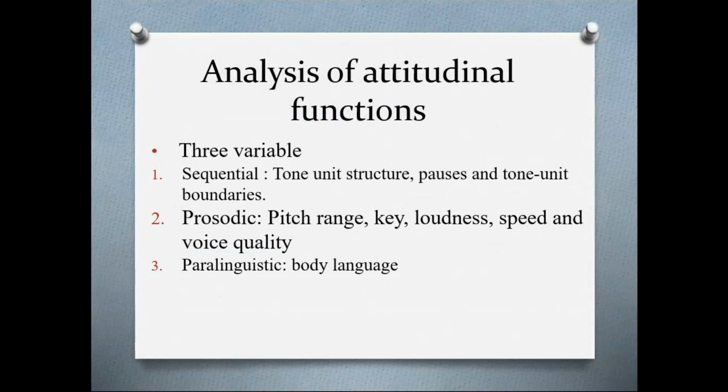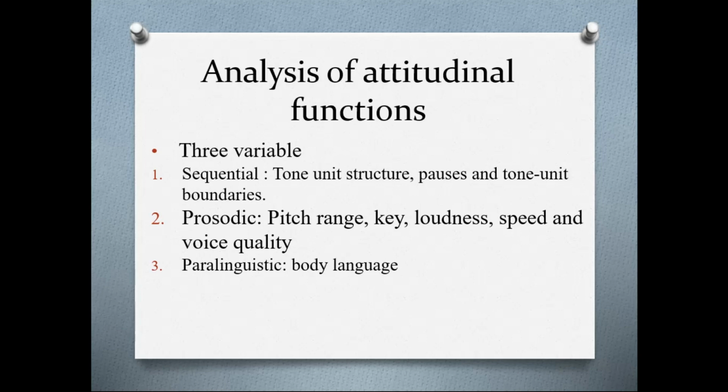The first one is sequential. You remember that in tone unit we have a particular structure and they come in order, for example, prehead, head, tonic syllable and tail. And also we have pauses and tone unit boundaries. The second variable is prosodic variable.